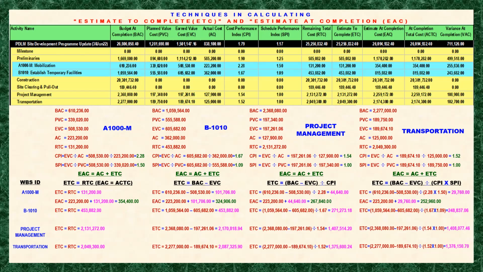Okay, so that means if this technique really works, this is your estimate at completion, which is much lesser compared to the budget at completion, right? If you look at the budget at completion here, it is 200,277, less the estimate at completion.